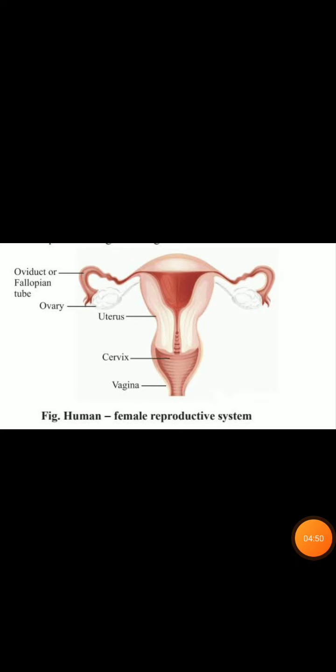So what is the function of the fallopian tube or oviduct? The function of the oviduct is to carry the egg from the ovary to the womb through this thin tube, that is the fallopian tube.